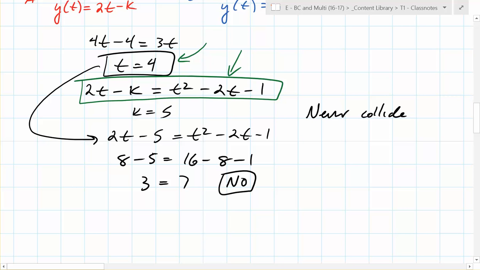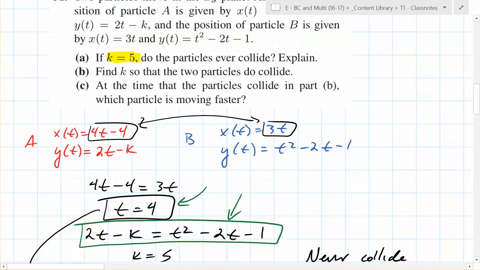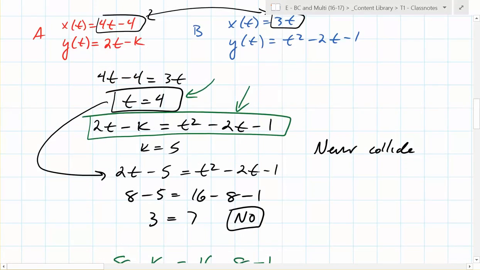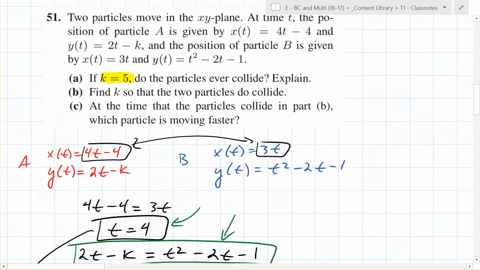So what do we plug in? 8 minus k is equal to 16 minus 8 minus 1. So 8 minus k has to equal 7. What does k have to be? 1. So you know they intersect when k is equal to 1. You could also find where they collide if you wanted to. But go on and finish this.